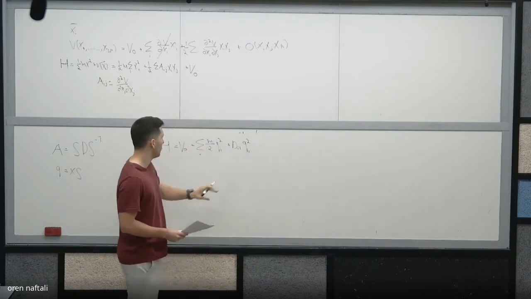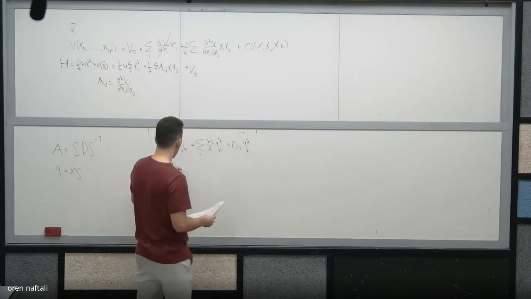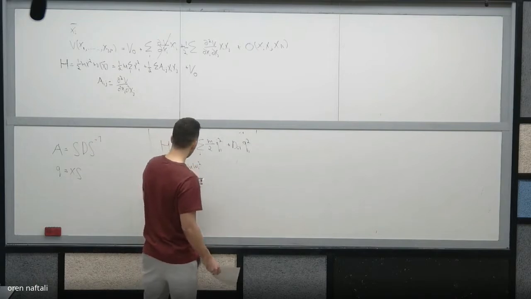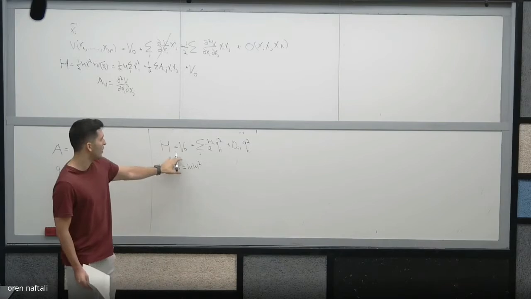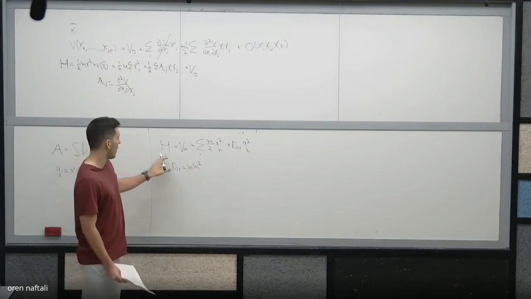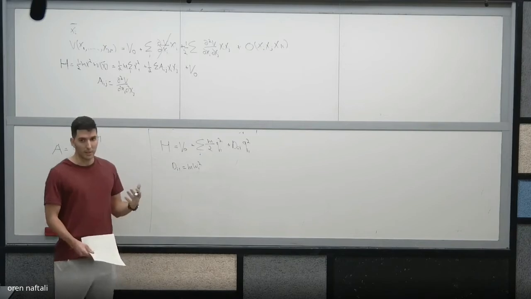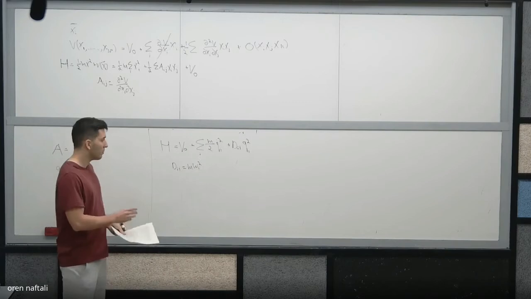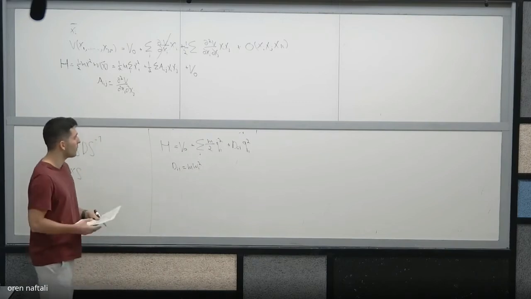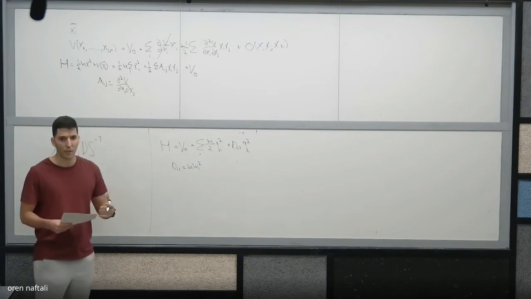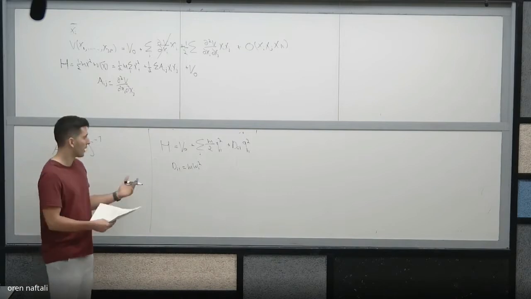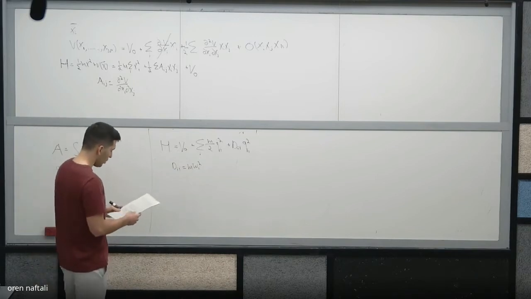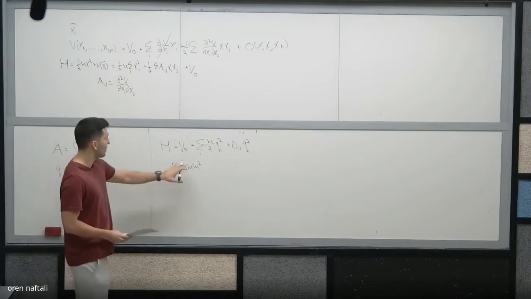If we define dii to be equal to m omega i squared, then we are finished. Now we have a theory that describes just a summation over harmonic oscillators. Now we are able to write the partition function and factorize it. So we are done.